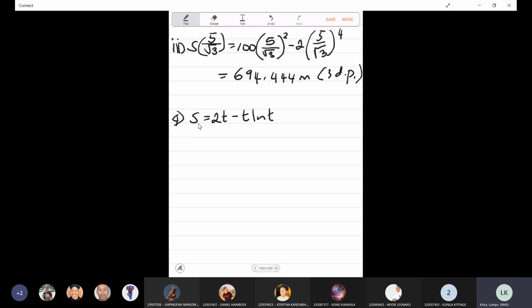We just need to work out the velocity. So we know that the velocity is s prime. So this is 2 minus. To differentiate this, we use the product rule. So first one, t as it is, then we multiply by the derivative of ln of t, which is 1 over t. And then here minus, because this minus or that minus will multiply by the plus over there. Derivative of t is 1 multiplied by ln of t as it is.